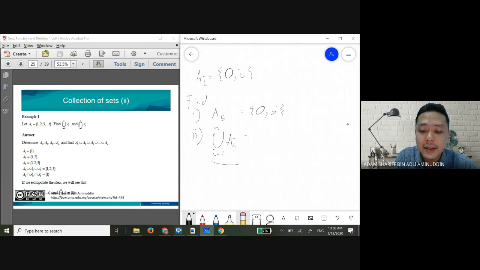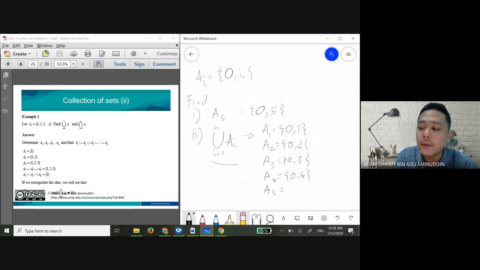My suggestion is always to start small. Start with the first initial one, A1. A1 berapa? {0, 1}. A2 tadi kita dah buat {0, 2}. A3 kita dah buat {0, 3}. Katakan saya tambah sampai A5.